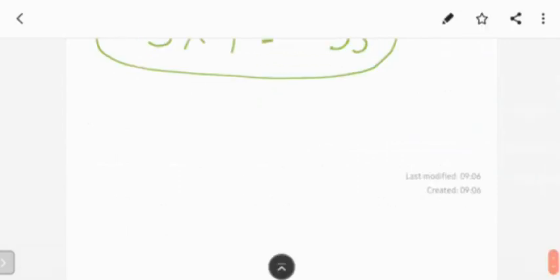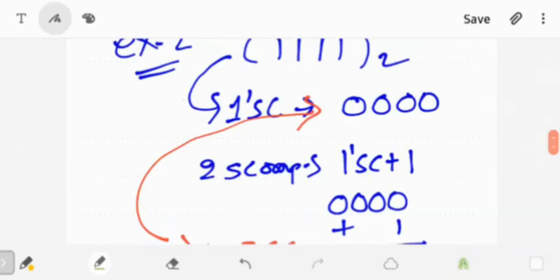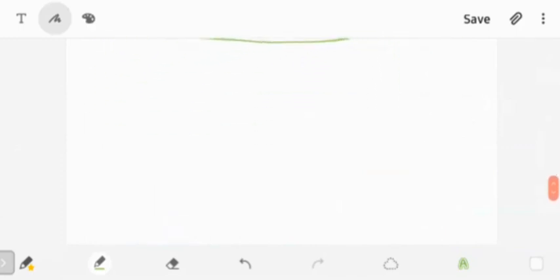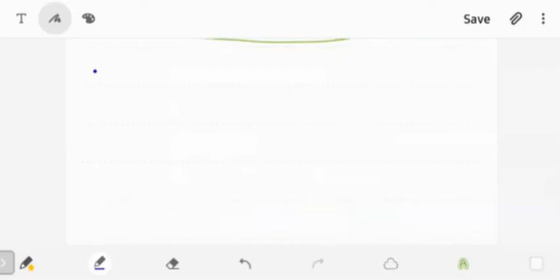Now here 2s complement will be required. Okay. So let's do it. Yeah, we are interested to find out -5 into -7.